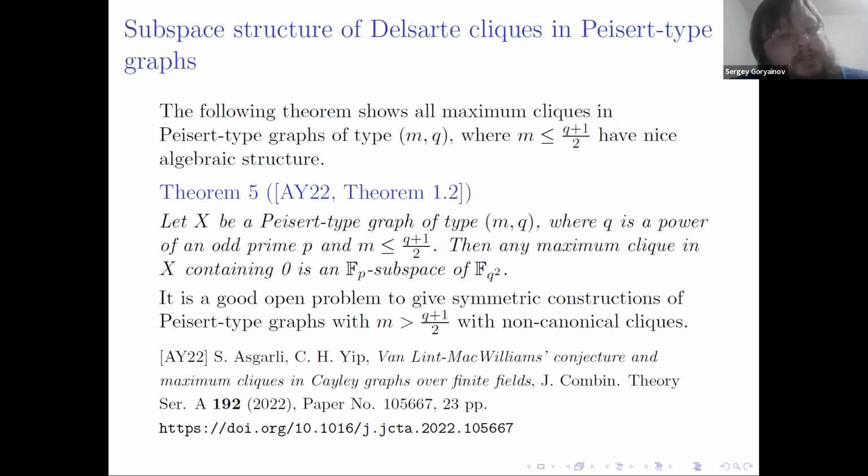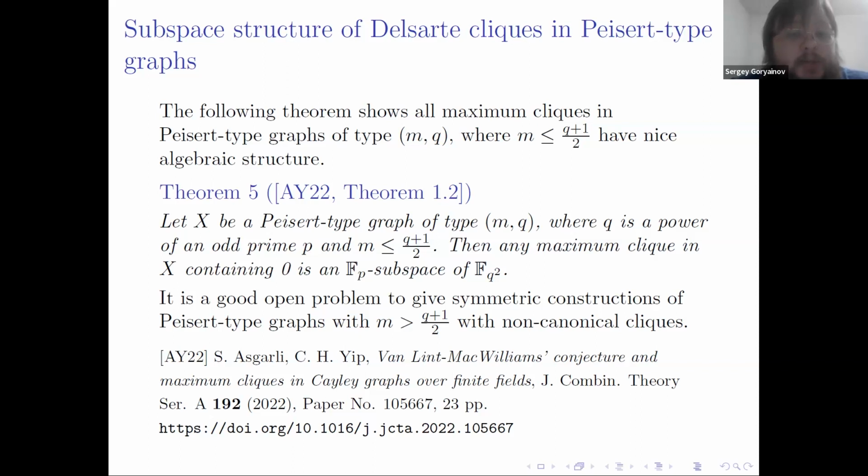And if we consider Paley type graphs such that at most half of the slopes are involved in the adjacency relation, then all maximum cliques, even non-canonical ones, have nice algebraic structure.